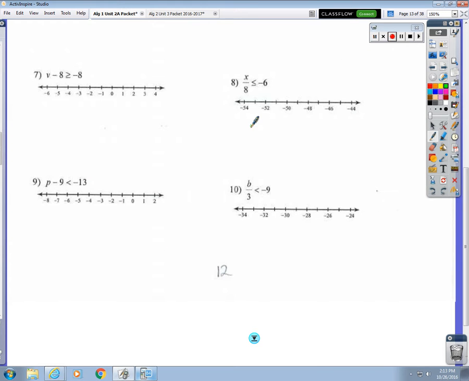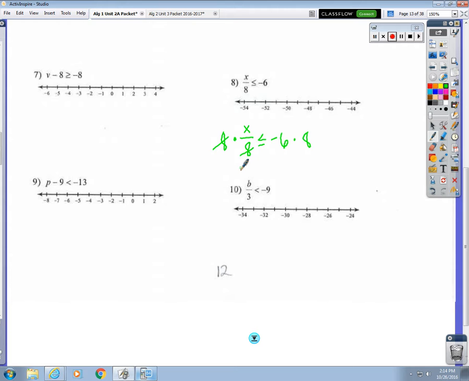Okay, number 8. We have x divided by 8 is less than or equal to negative 6. What do I need to do to isolate that x? Multiply by 8 on both sides. Okay? When I multiply by 8 on the left, it cancels out because 8 over 8 is 1.